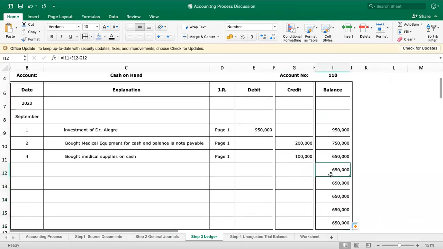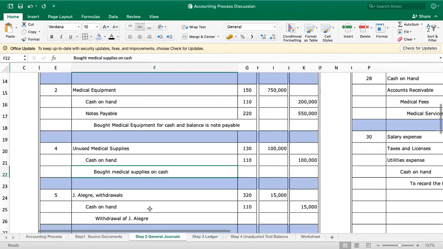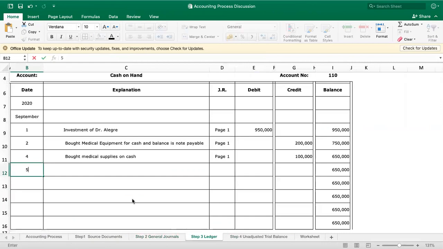Okay, so next, let's find another transaction that affects your cash on hand account. We're done with September 4. September 5, there is again a cash on hand account. So that is credit 15,000. This is the transaction withdrawal of J. Alegre. Let's copy the explanation. That's 15,000, this is September 5.